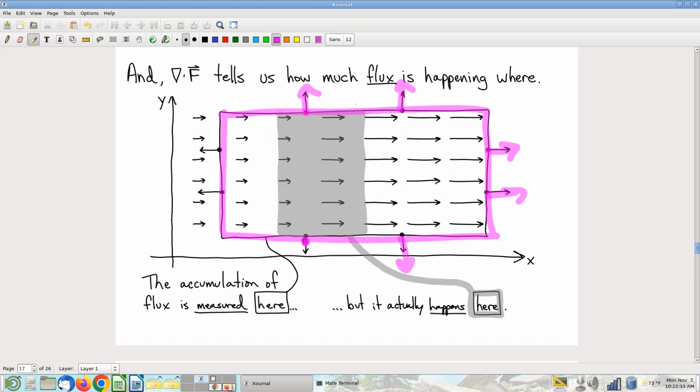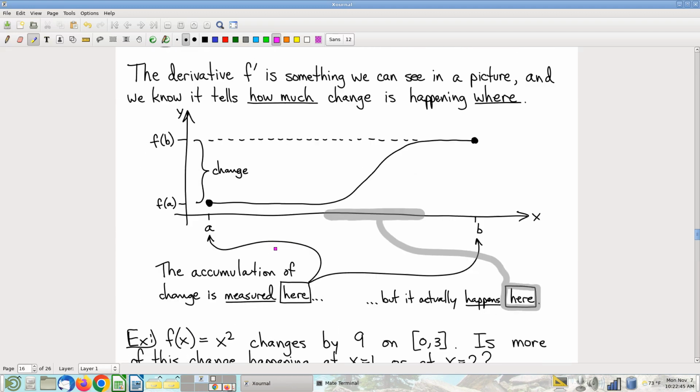And I can compute boundary flux. And that's where I compute it. I compute it on that boundary. Is that where it actually comes from? I say no. In the same sense that you measure change on the boundary, but that's not where the change happens. Come on, the change happens here in the interior, and the integrand tells you where and how much.